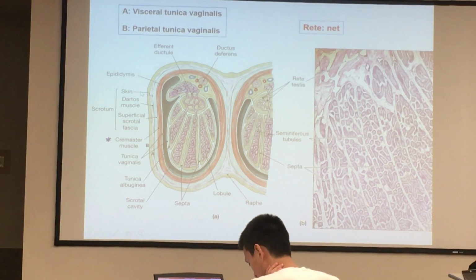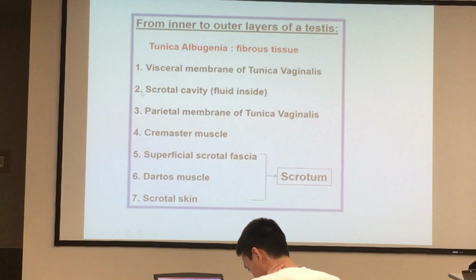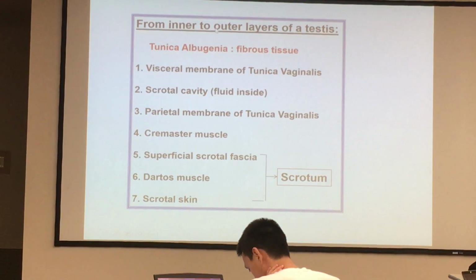Okay. So I summarize all this together from the innermost to outside of testes. Tunica albuginea actually is a common membrane, fibrous tissue. Okay. And then from the abdominal cavity, visceral membrane of tunica vaginalis, parietal membrane of tunica vaginalis.